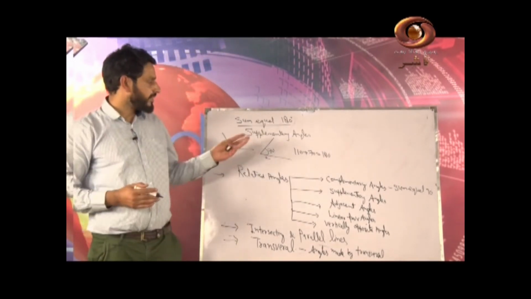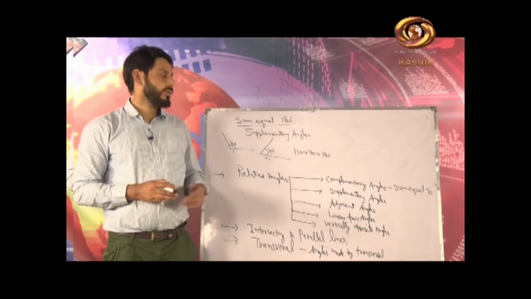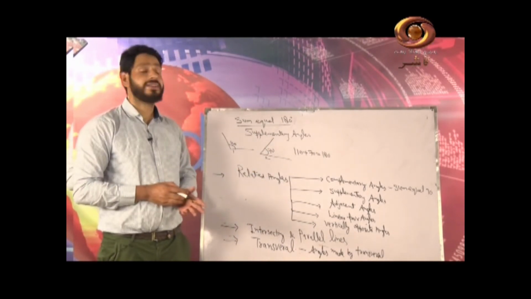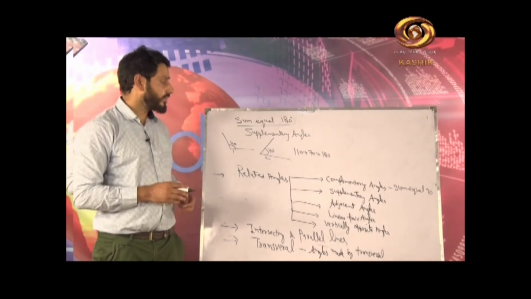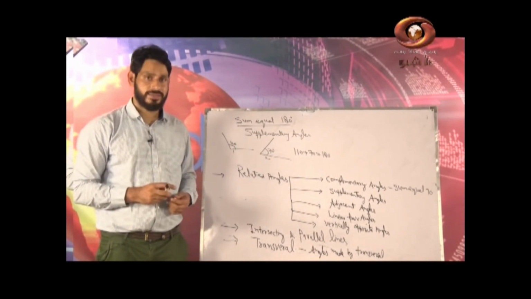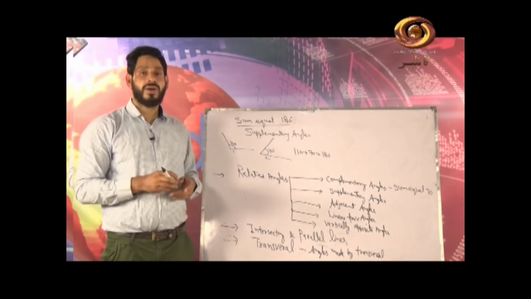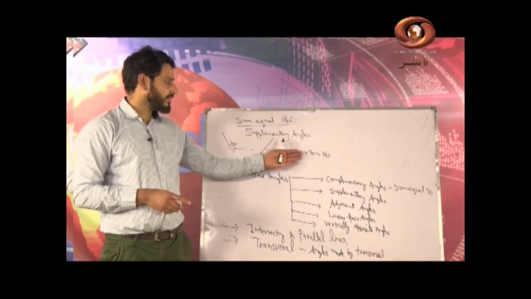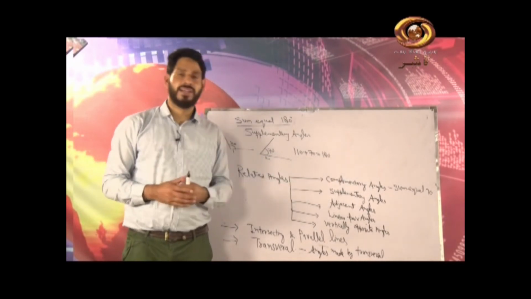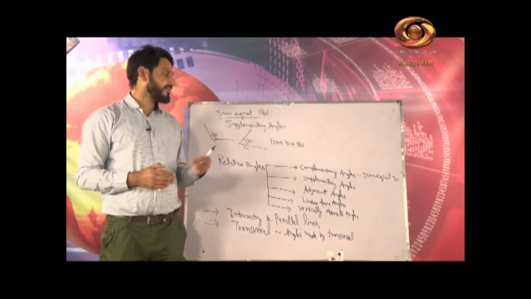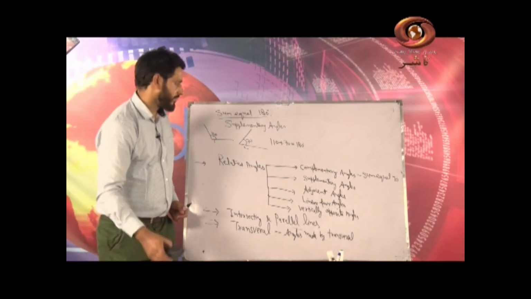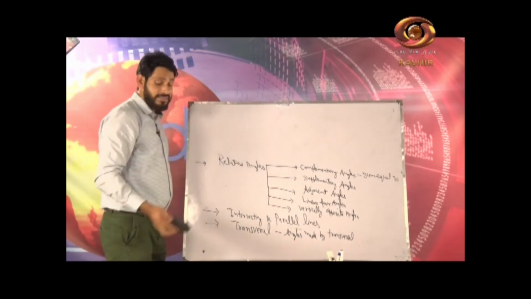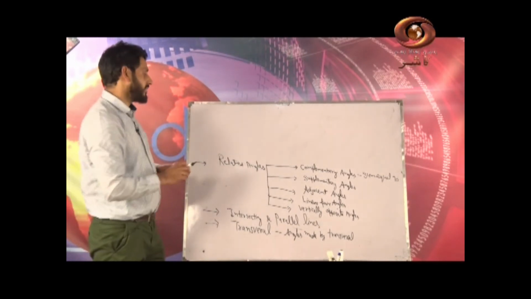So if the angle sum equals 180, they are called supplementary angles. Again, I want to remind you that we are talking about related angles, that is, how one angle is related to another. So a pair of angles, if their sum is 90, are complementary angles. A pair of angles, if their sum is 180, are supplementary angles. Like complementary angles, they can be joined at one place.